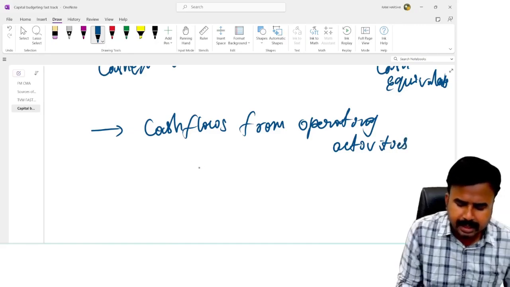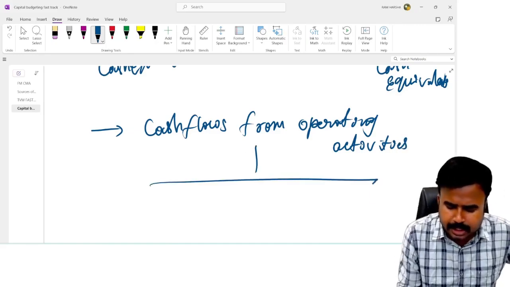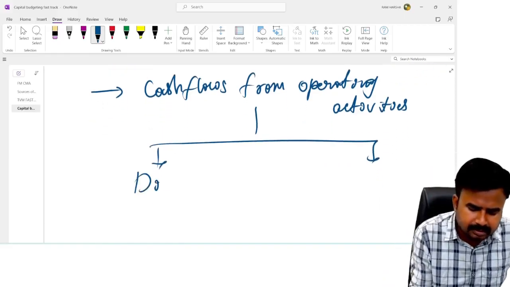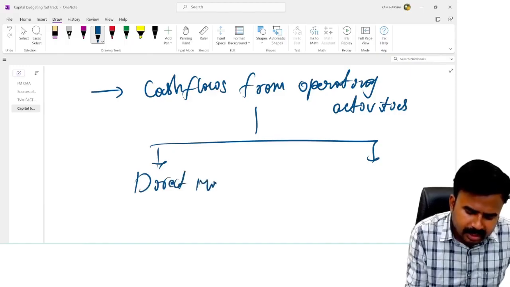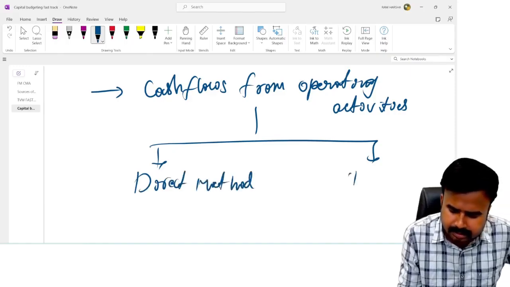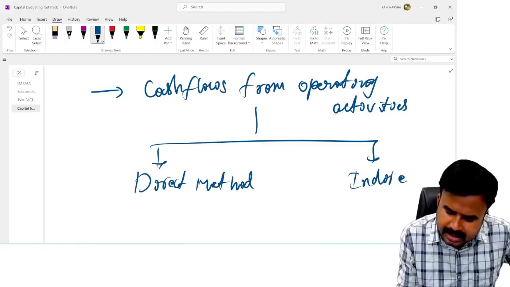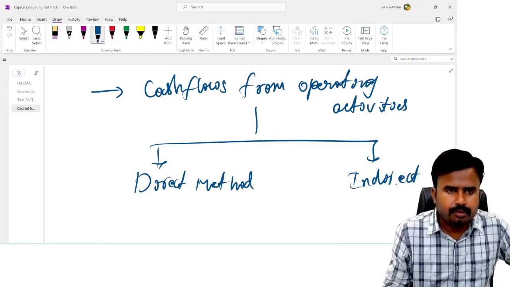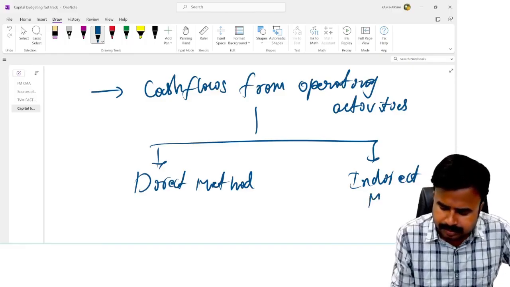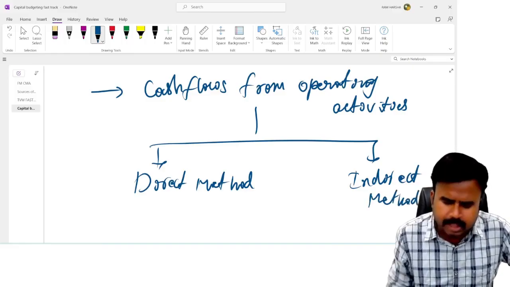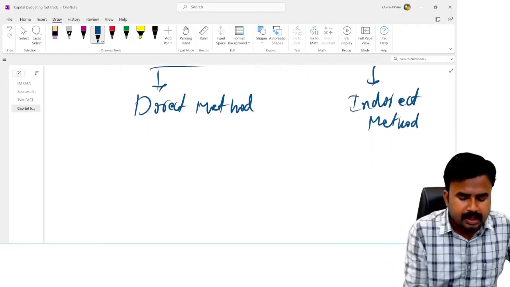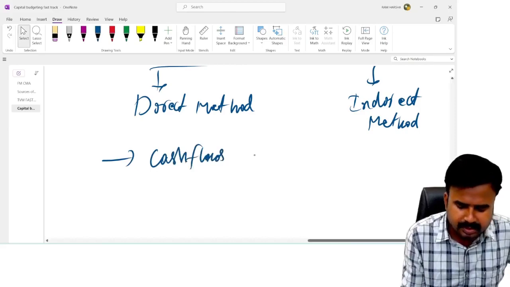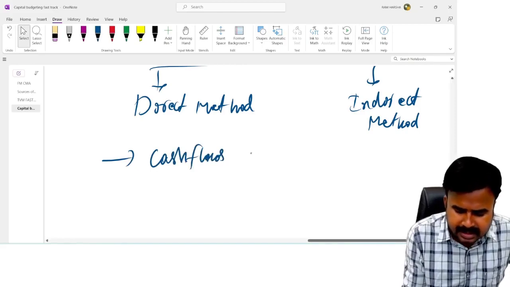This can be prepared by using two methods. One is direct method. Another one is indirect method. Indirect method means you're going to calculate cash flows from operating activities from profit and loss account. So we just need to prepare a format. The second one is cash flows from financing activities.